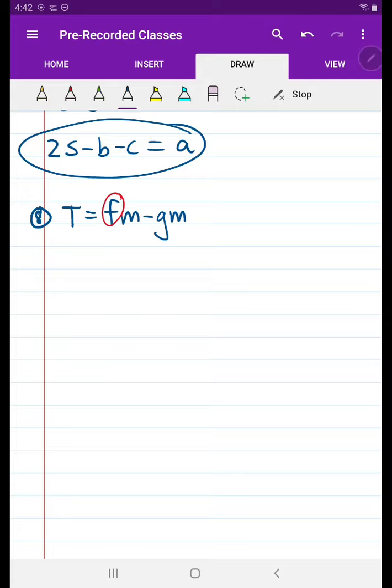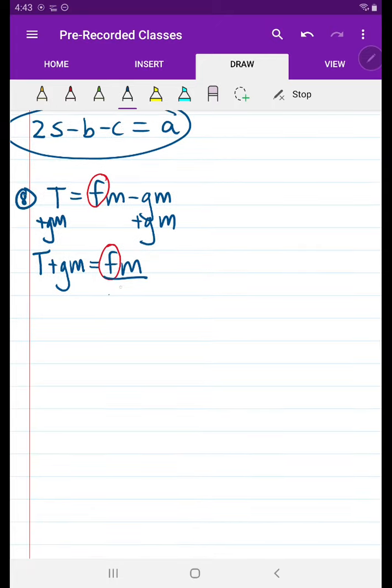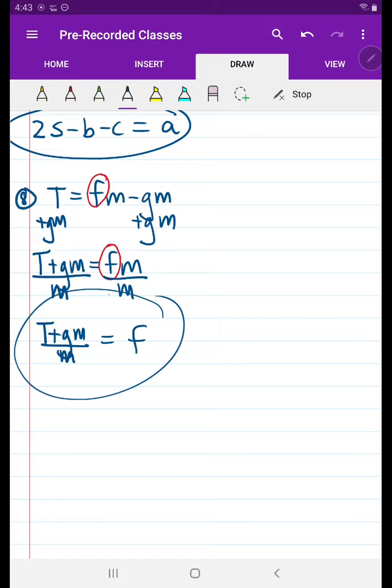So I'll add GM to both sides, and I'll get T plus GM equals FM. Remember, we're trying to get F by itself. Now F is tied up in multiplication, so we can get rid of the M by dividing both sides by M. On the left we'll be left with (T plus GM) over M, and on the right we'll have F. And so we got F by itself. We're all set, and that's it.